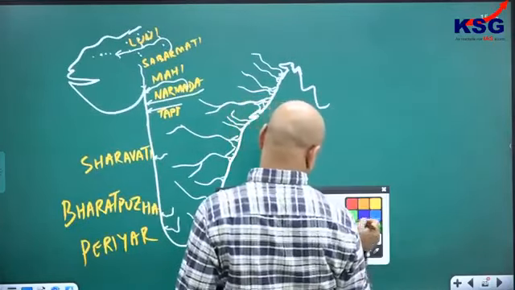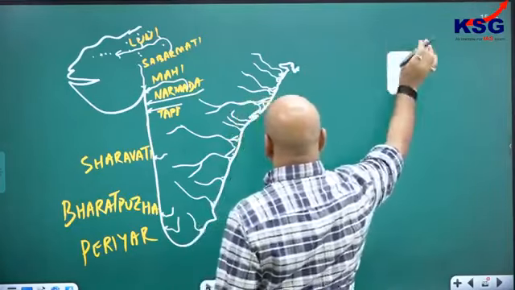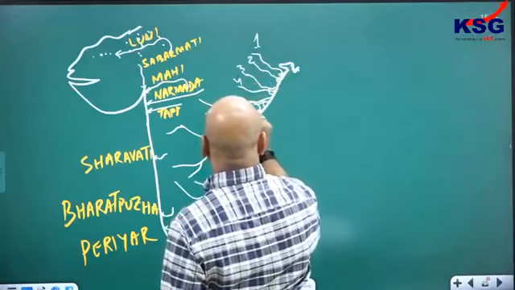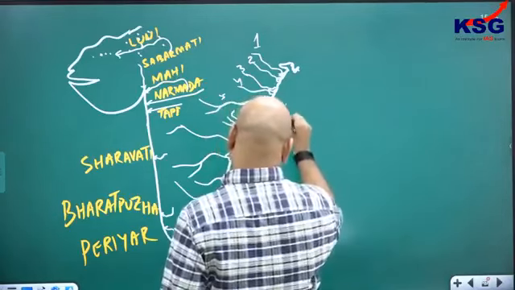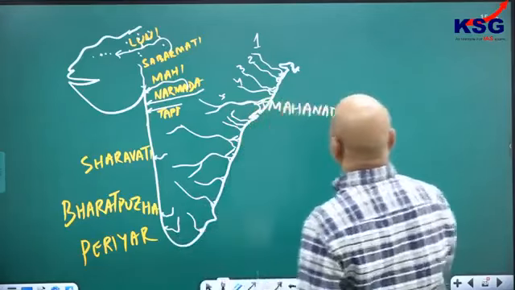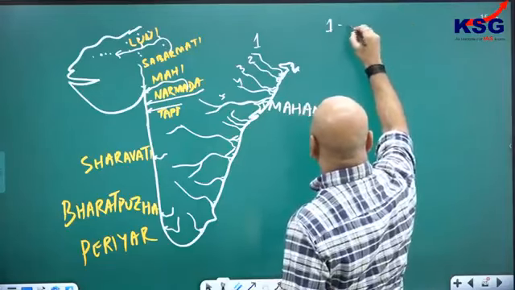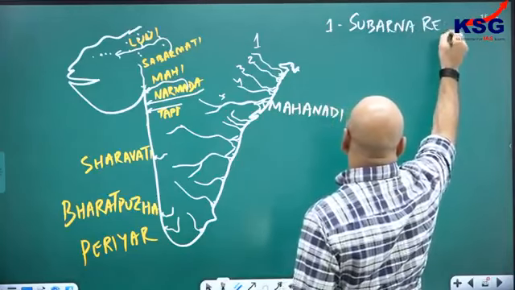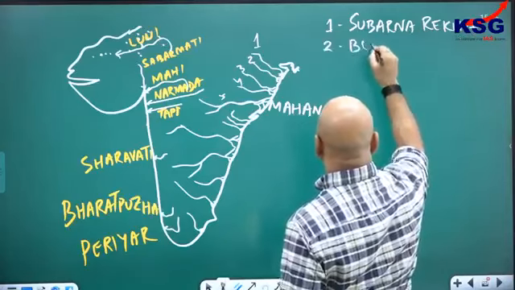Among the east flowing rivers, if I see here, the first one, Subarnarekha. Two, Budha Balanga.